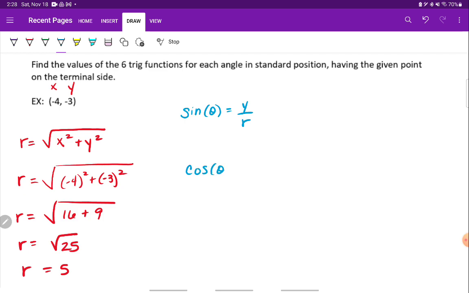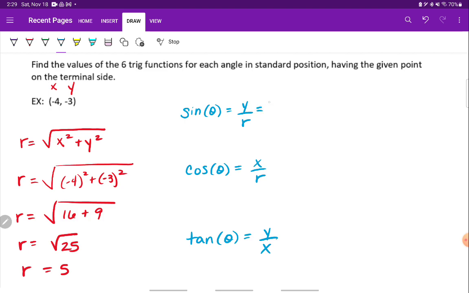Cosine of theta is defined to be x over r. And tangent of theta is defined to be y over x. We're simply going to take the x, y, and r values that we have, 2 that were given, 1 that we found, into these definitions and then simplify.